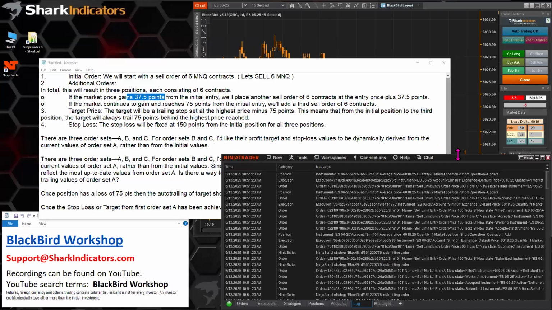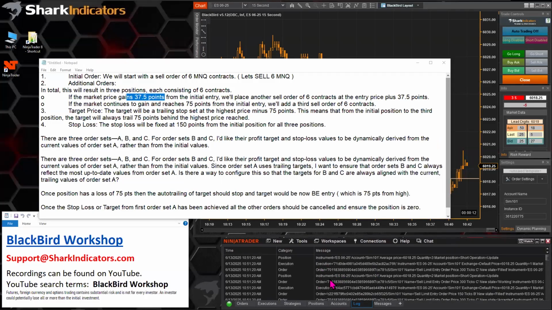Nope. I was thinking there might be some information on the log tab about those limit entry orders, because I saw a flash on the chart where the chart shrank down, and it looked like BlackBird was placing those limit entry orders, but no, it doesn't.